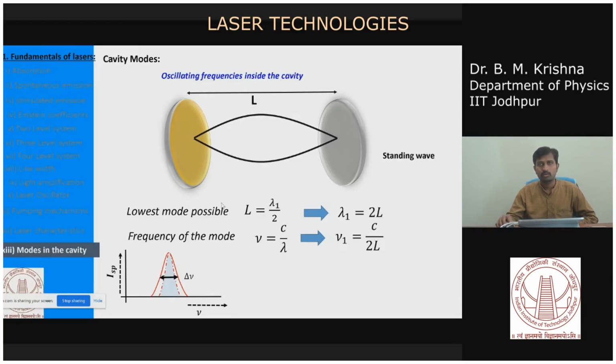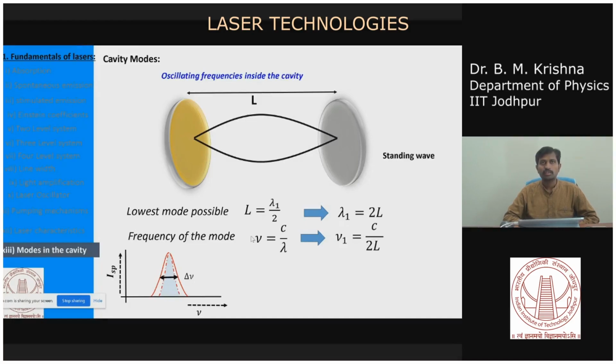When the photon is oscillating in this cavity, the bandwidth, the width delta nu, is increased. Why?